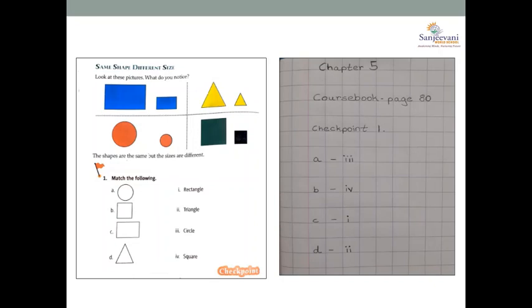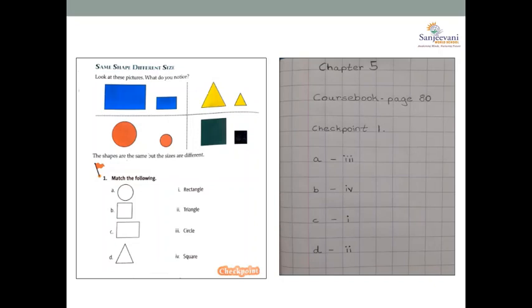Good children. Then after writing chapter 5, leave one line and write course book page 80 the way I have written.